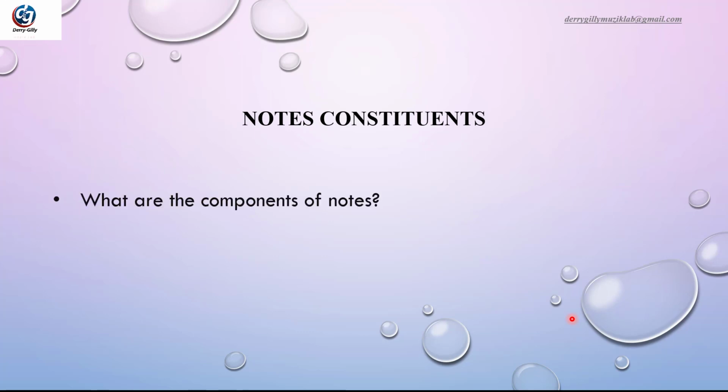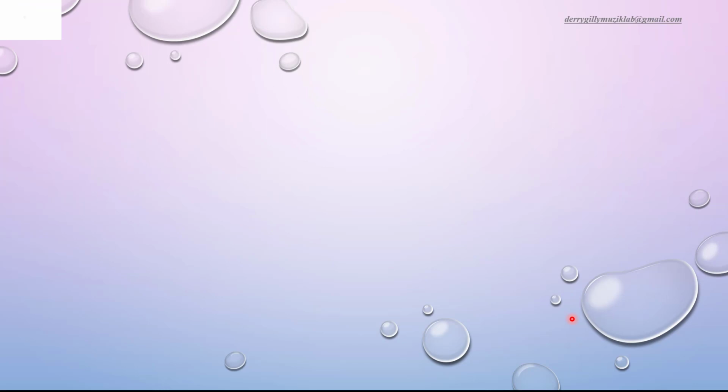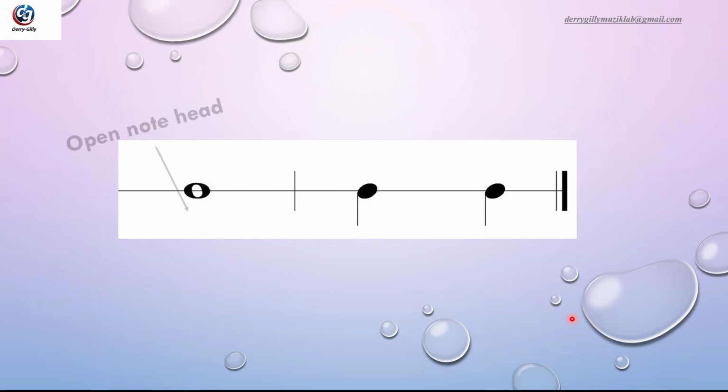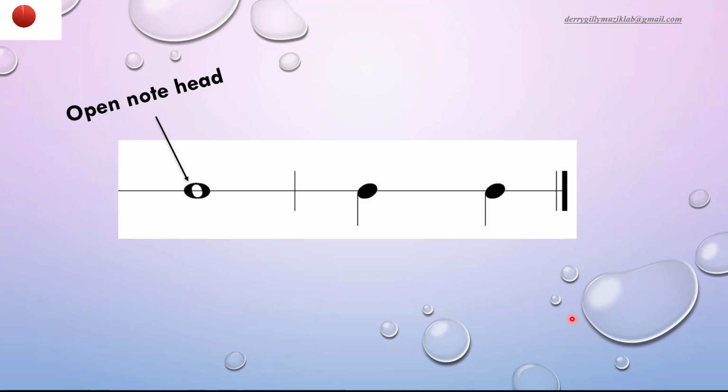Looking at the example here, we know that this one is an open note head, and it has an unshaded portion, and it looks like an oval shape. Then we also have the filled note head, which is shaded.